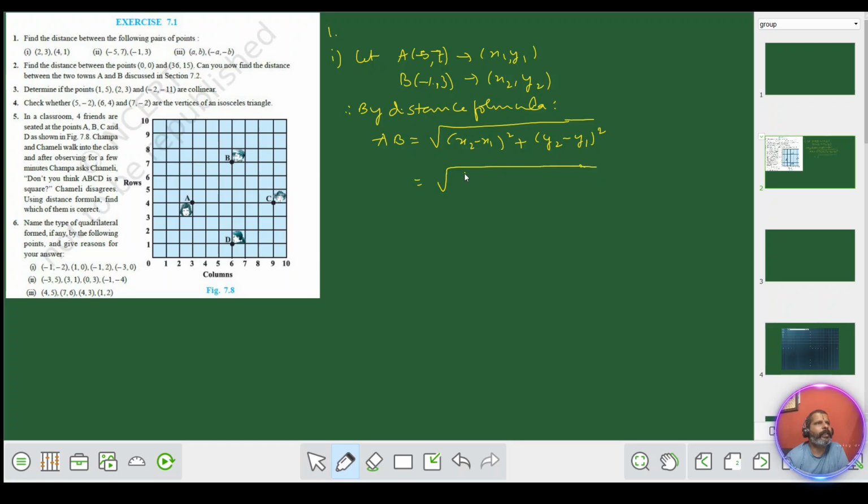To find the distance, x2 is minus 1, minus of x1 is minus 5. Please pay attention while substituting the values. Plus y2 is 3, y1 is 7, whole square. That is square root of minus 1 minus of minus 5 is plus 5, so minus 1 plus 5, how much? Plus 4, 4 square is 16, plus 3 minus 7 is minus 4, 4 square is 16.